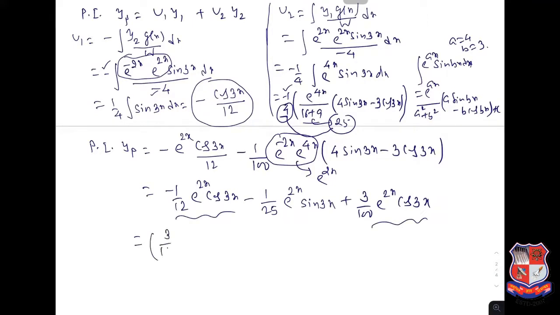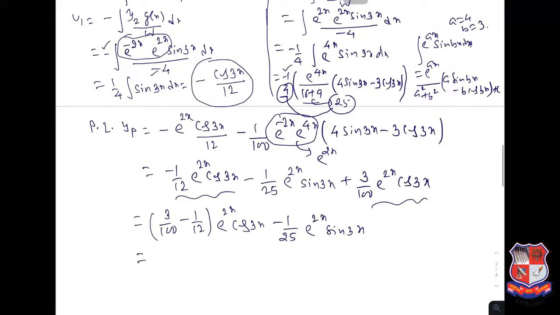So this is a 3/100 minus 1/12 e power 2x cosine 3x minus 1/25 e power 2x sine 3x, and we can just simplify this.